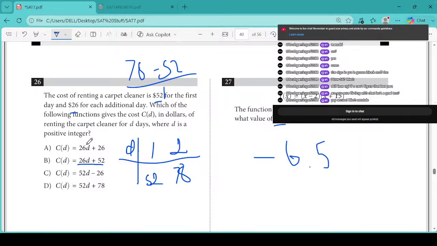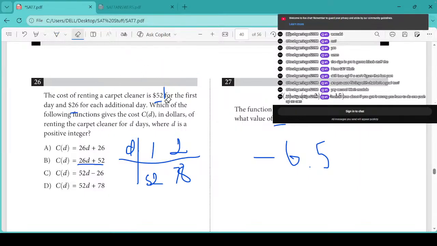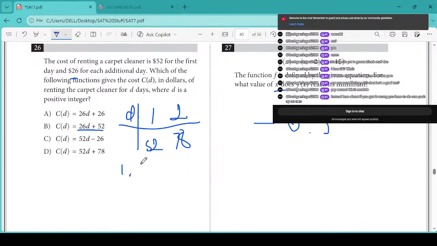That narrows the answers down to only 2 choices, A or B, because they have 26 as the slope. Now you just solve for the y-intercept using these 2 points on a graph. Your points would be (1, 52) and (2, 78), and you solve for the equation using that. So your answer would be A after you do all the math.